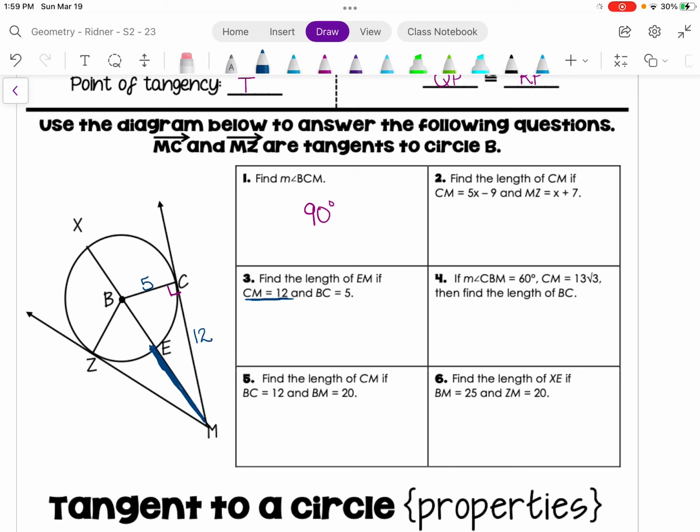So what we're going to do, because we know this part is 5, because part of a circle from the center to the outside edge is the radius, and it's the same no matter where that goes. But if we look overall here, we actually have a right triangle. So we can do a squared plus b squared equals c squared.